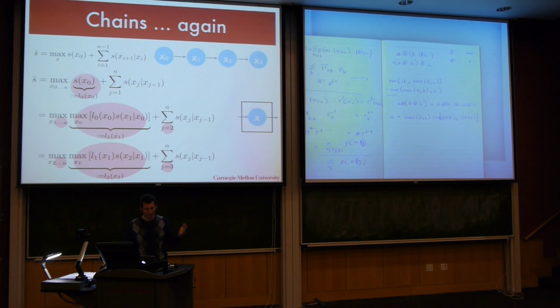That's what you want to do if you want to, for instance, build a parser. And that's now the max over the first variable plus whatever depends on the second one. So again, you have the same left message, and you just work your way through. It's exactly the same algorithm, just that now for plus and times you have max and plus.